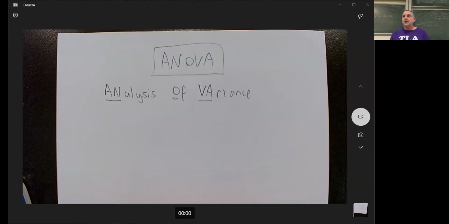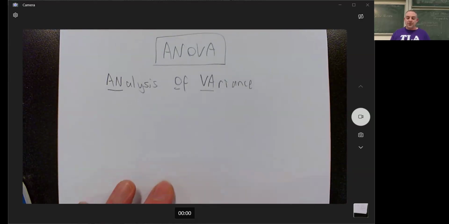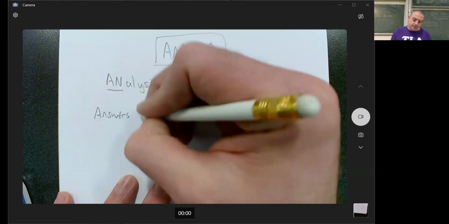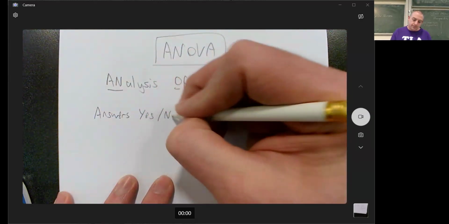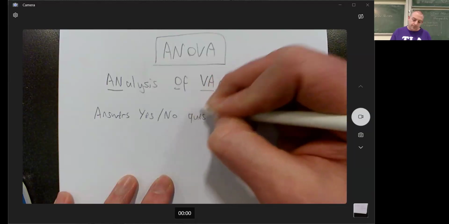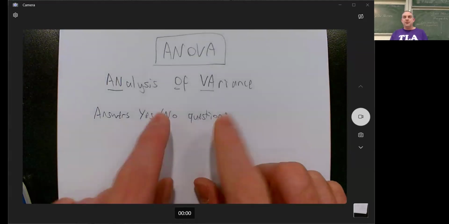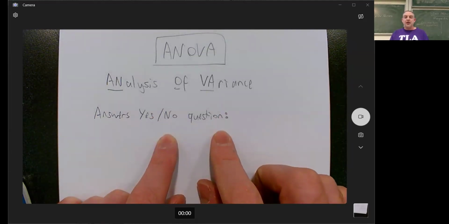And I know it answers a yes or no question because it produces a p-value. So this is the kind of yes or no question in science that ANOVA answers.